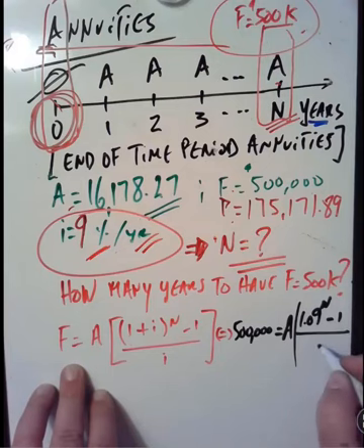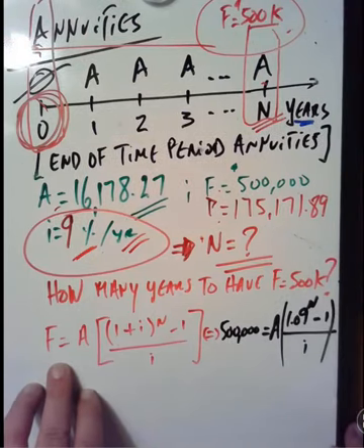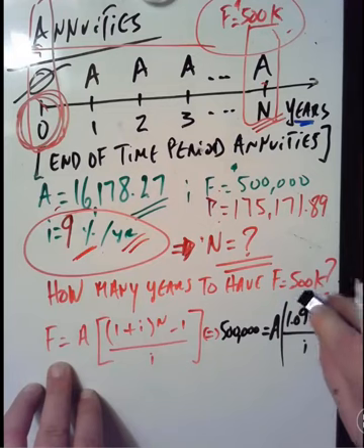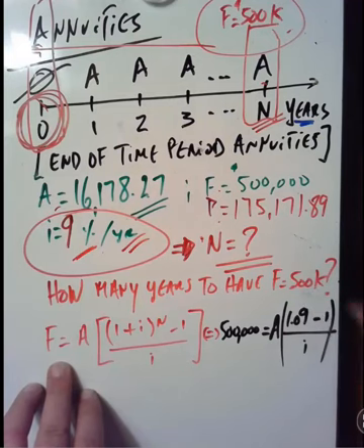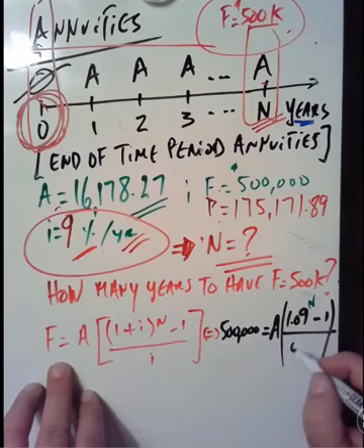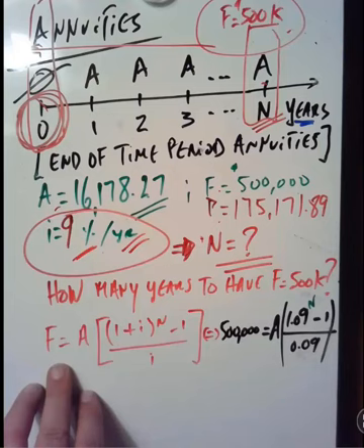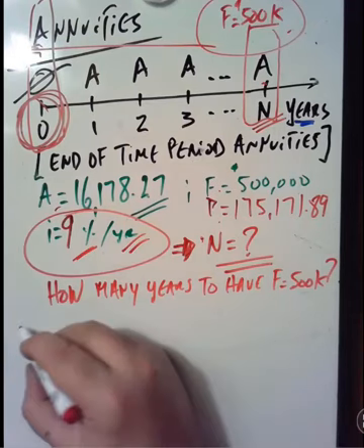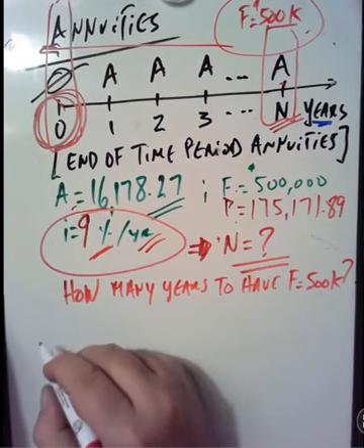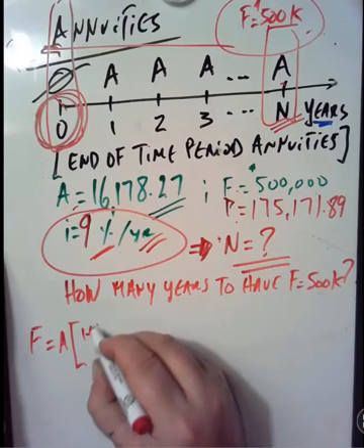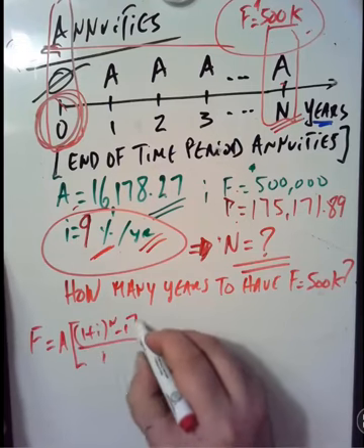Minus 1 divided by I. Given that the interest rate is 9%, the future value of an annuity formula is given by A times (1 plus I to the power of n minus 1) divided by I.